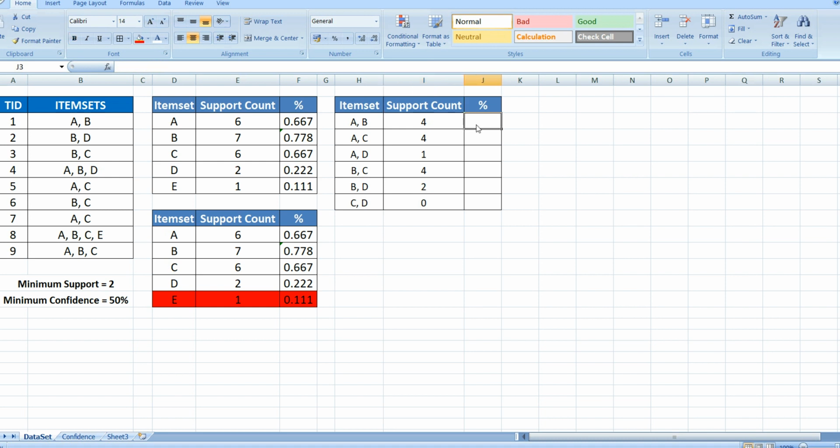We then go ahead and do the calculations of the support in a decimal point, where we have 4 divided by 9.